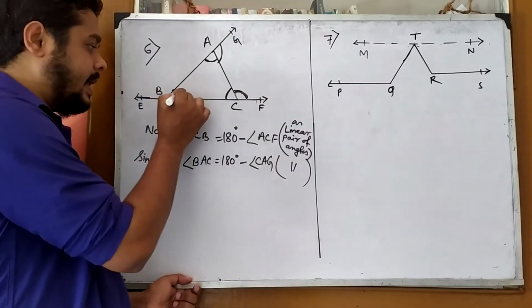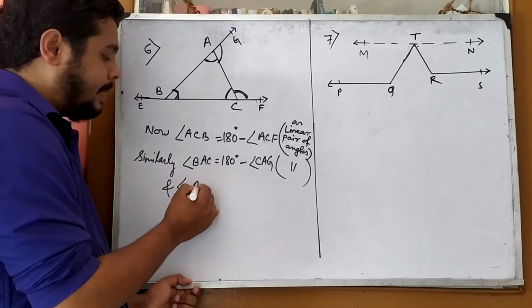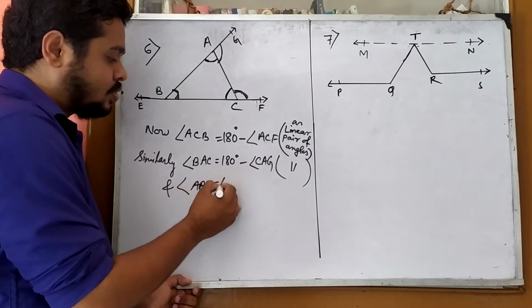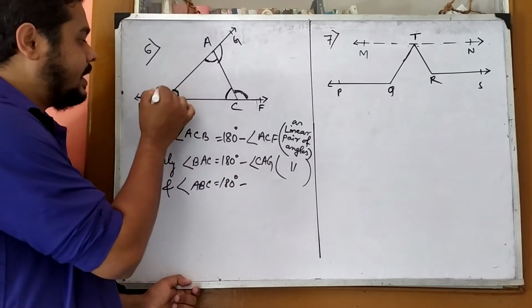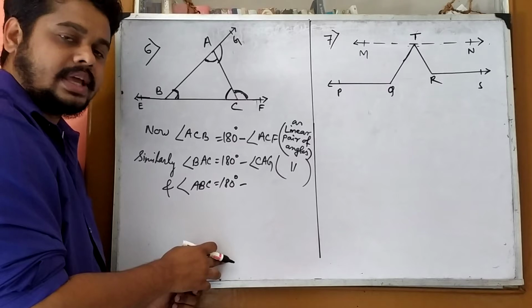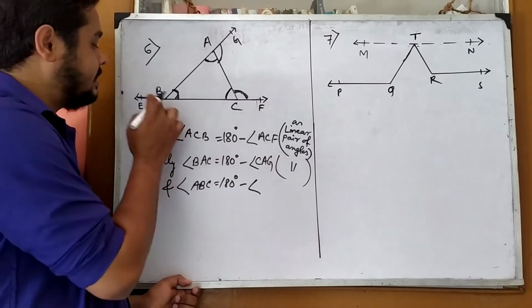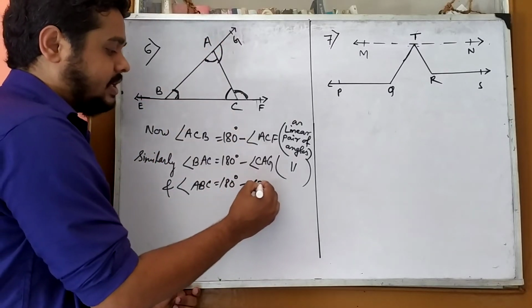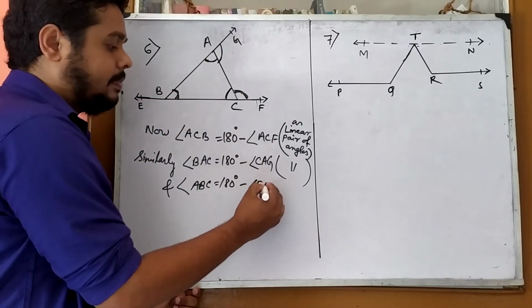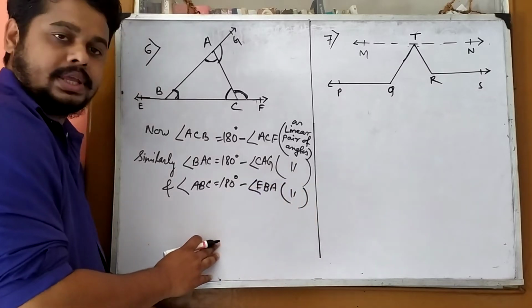And in the same manner, angle ABC equals 180 minus this angle, and this angle is EBA or EBG, whatever you can say, EBA. By which property? Same property.